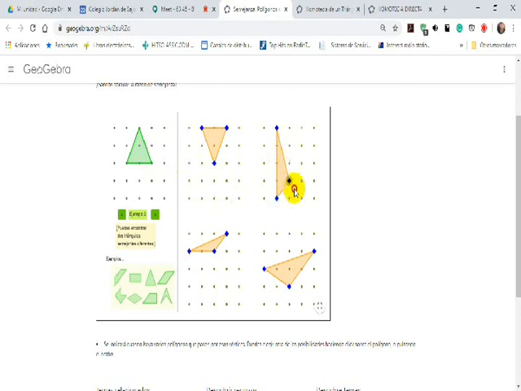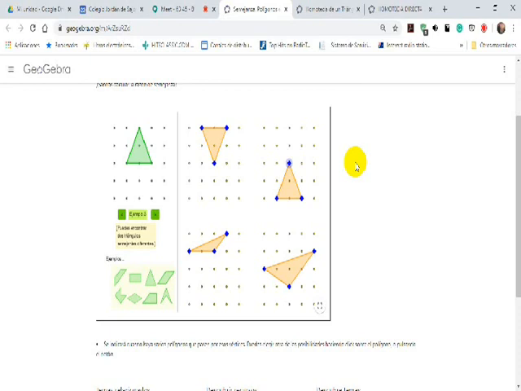For example, here I'm creating another one. And now this is exactly as the original, as the green one. So in this case we have same sides, same length, same angles.